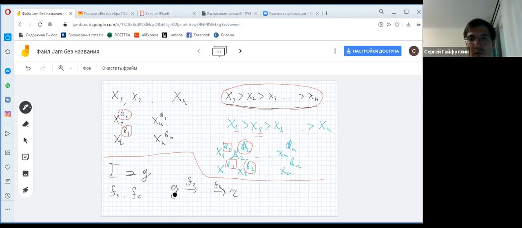And if f1, ..., fk is a Gröbner basis, then r is always 0.